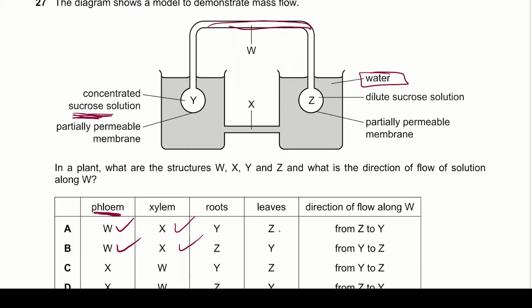Here we have Z. Z, it says dilute sucrose solution. This cannot be correct. The reason for this is it's going to be concentrated sucrose solution because in the leaves is where photosynthesis takes place, and there is the highest proportion of chloroplasts. Therefore, the most sucrose is produced at the source.